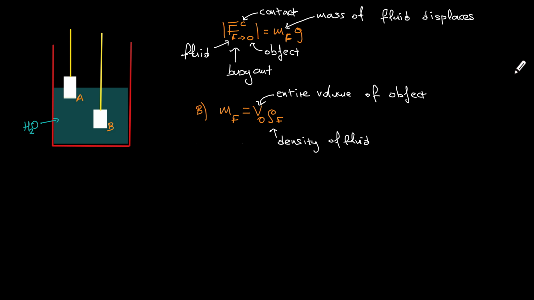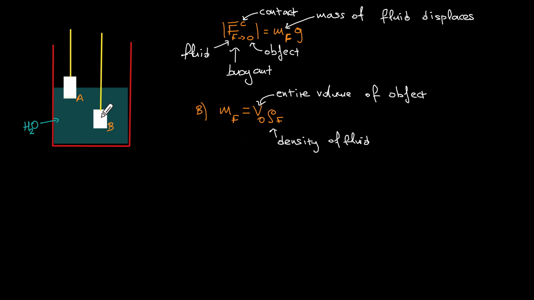Now I want to talk a little bit about the reason why I'm using the volume of the object and the density of the fluid. This is important. If I remove the box, if I take it away, what was in here is going to be filled with water. What I need to calculate here is the mass of the water that would have been here if this cube was not occupying the space.